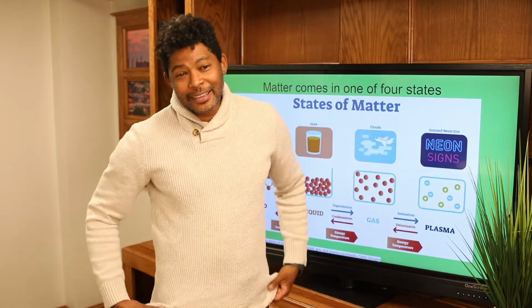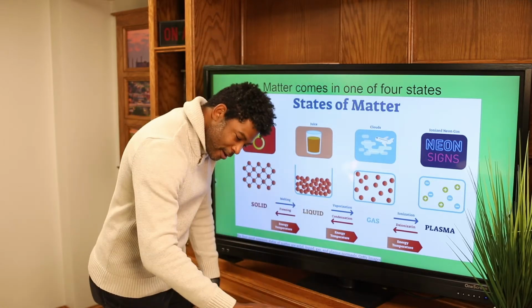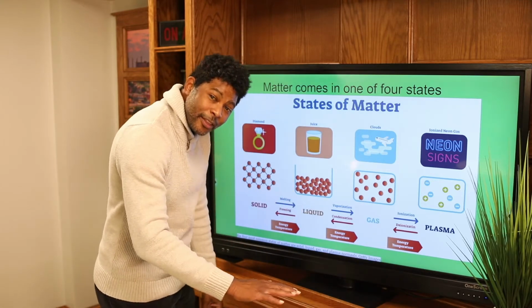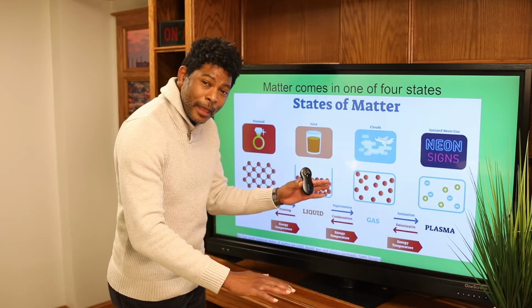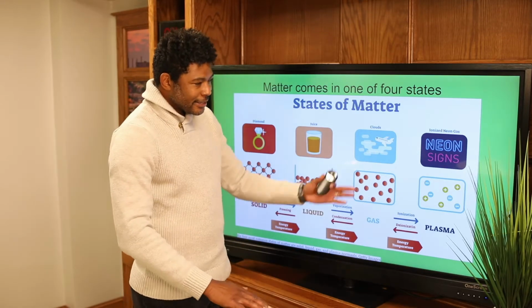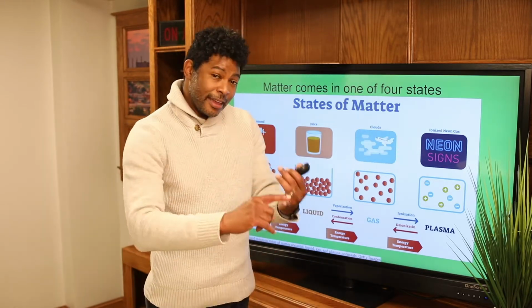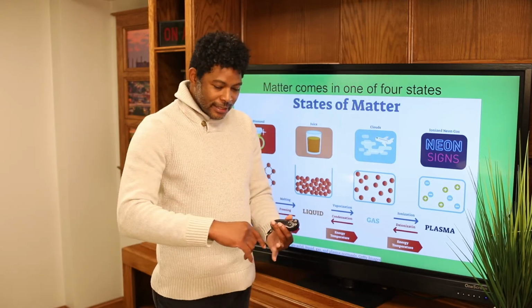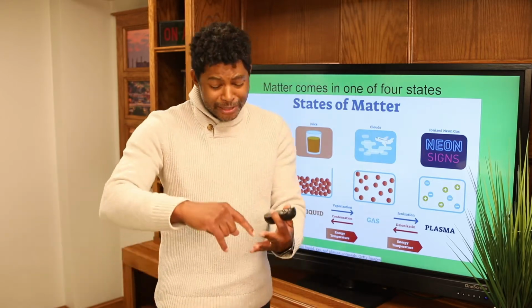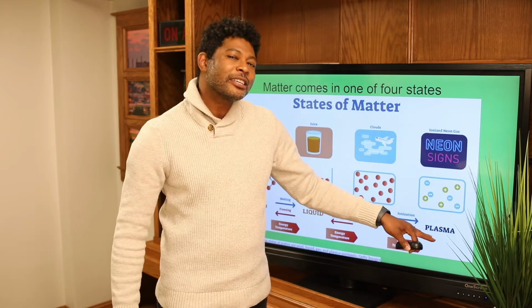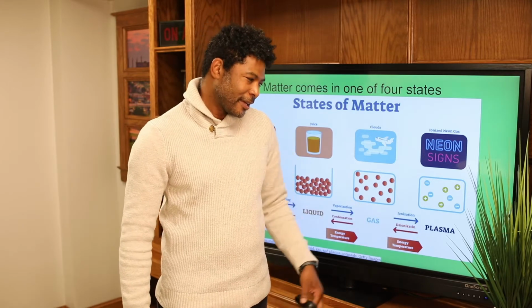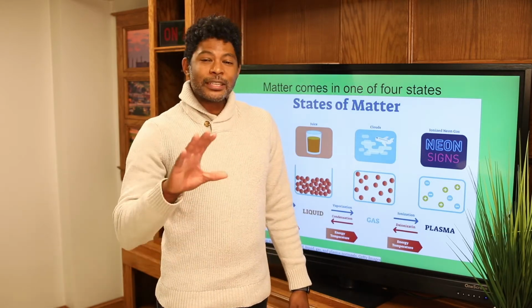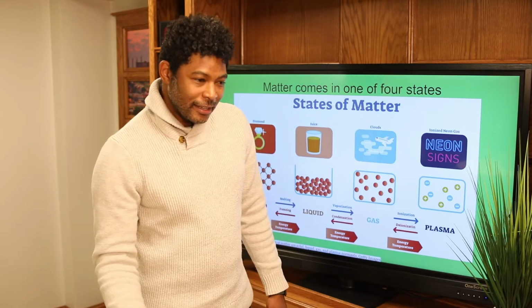Plasma. Yeah, so like I said, we start you off here at the low level. We tell you there's 3. We know there's 4, because here's the thing. When you start getting to like neon lights, plasma screen TVs, the sun, now you get to this other state of matter, plasma, that is going to take me longer to explain than for you to understand.